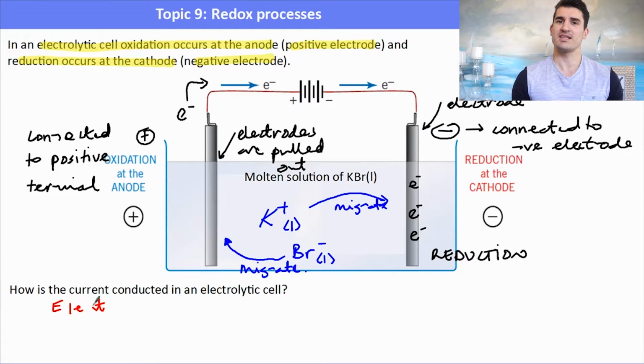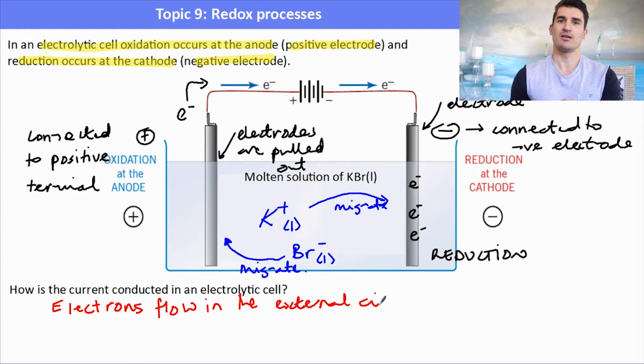Well, how is the current conducted in an electrolytic cell? Well, the current is conducted because the battery pushes electrons into the negative terminal and pulls them out of the positive terminal, but electrons can only move in the wires. So what allows the solution to conduct a current is the migration of ions in the liquid.